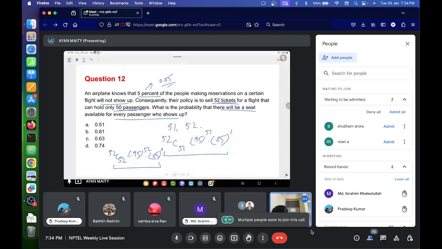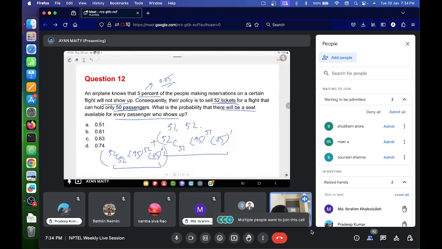So this plus this is the probability that at least one passenger will not get a seat. So you have to calculate these two probabilities. So 1 minus these two will be the probability that every passenger will get a seat. Basically, if 50 or fewer passengers show up, in that case all of them will get a seat.